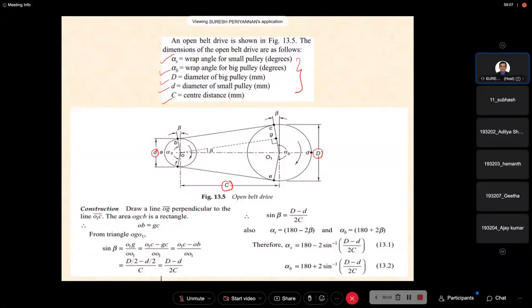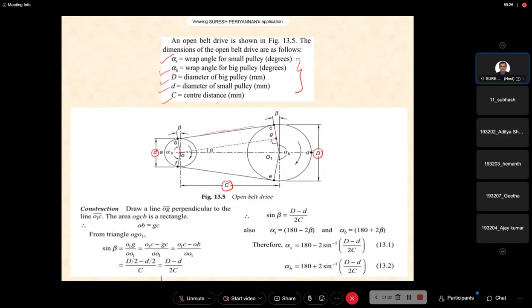This is the open belt. Now see here, this is the line OG. From this point, draw a parallel line toward the bigger pulley side.